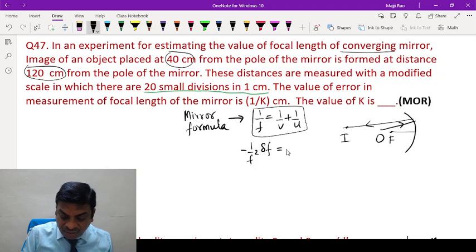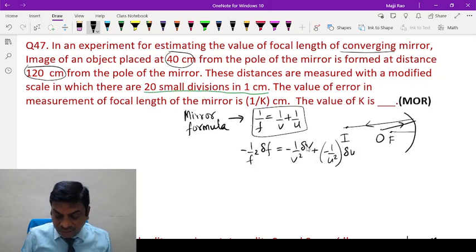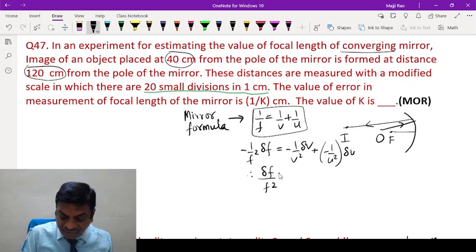Here 1 by v it is minus 1 by v square into error in v plus 1 by u it is minus 1 by u square into error in u. So from here I can write error in f upon f square is equal to error in v upon v square plus error in u upon u square.